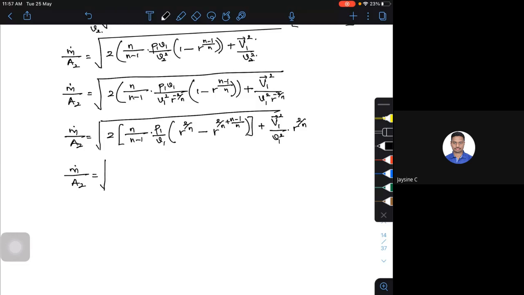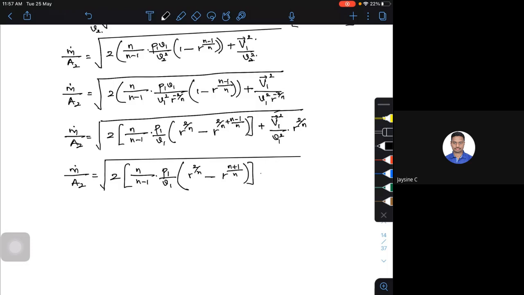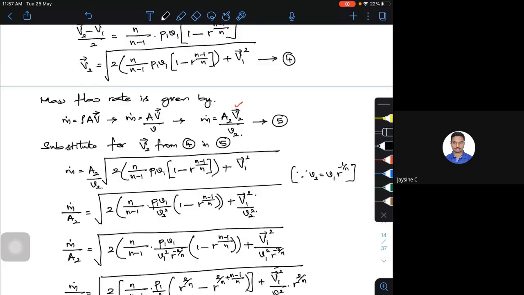So this will be square root of 2 into n by n minus 1 into P1 by v1, r to the power of 2 by n minus r to the power of n plus 1 by n, plus v1 square by small v1 square into r to the power of 2 by n. So let me call this equation number 6.